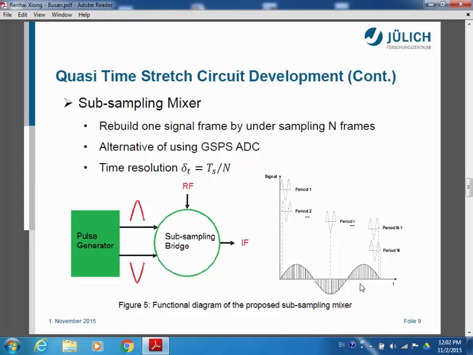In this manner, we keep the timing information and do correlation between the received signals.